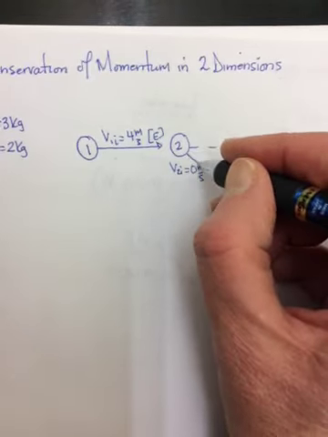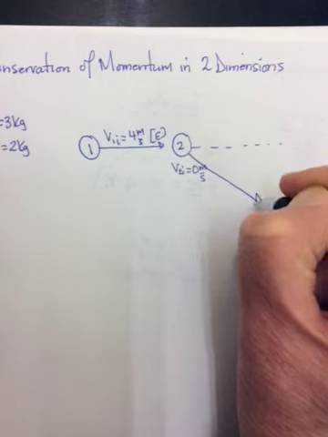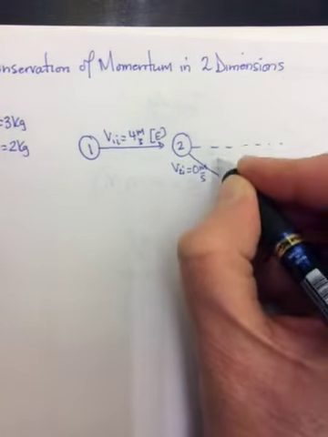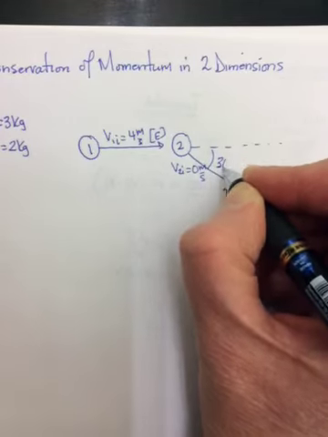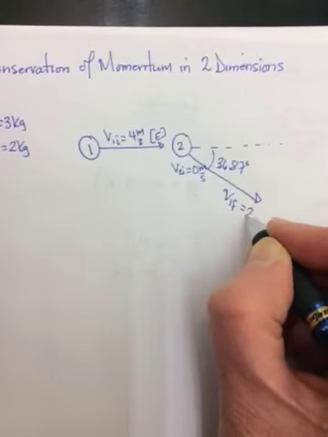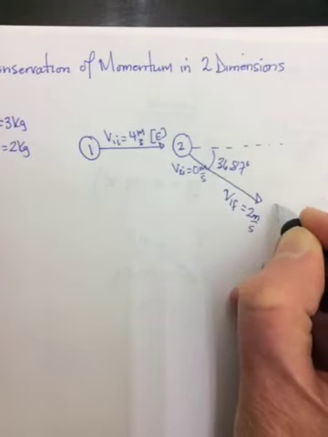So clockwise from its original direction would be down here. So this is going to be V1F. This angle is 36.87 because they told me that in the question. And they told me it went off with a speed of 2 meters per second.